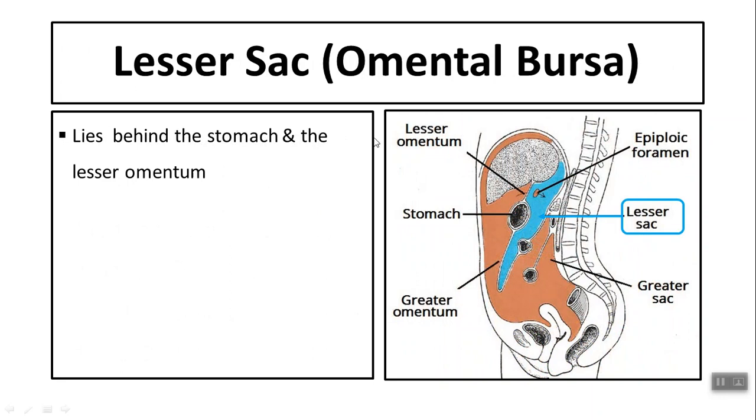The lesser sac, as we explained a little while ago, we said that the greater sac is divided into a supracolic compartment and an infracolic compartment by the attachment of the transverse mesocolon. Now our topic is the lesser sac, or omental bursa. This is the space that lies behind the lesser omentum and the stomach.